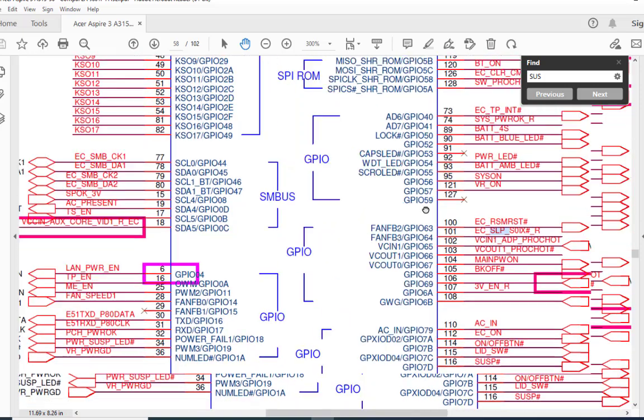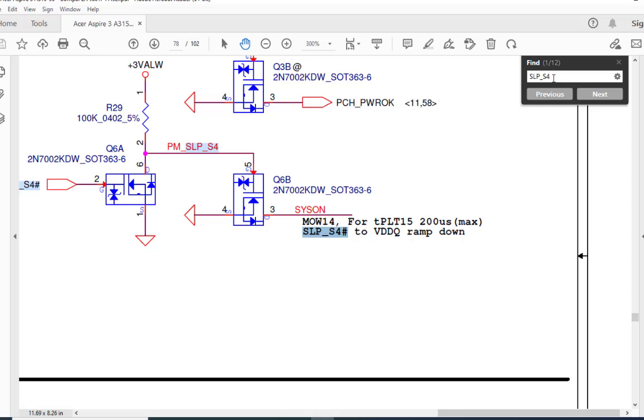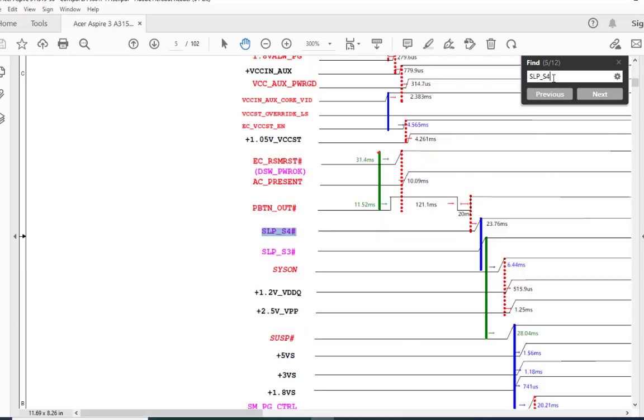So SLP_S3 and SLP_S4, SLP underscore S4 is the signal. Yes, you can see after pressing the power button, the PM power button just starts bouncing, then the SLP_S3 and SLP_S4 signals are generated, and these signals are generated by the CPU. So you have to check this signal.